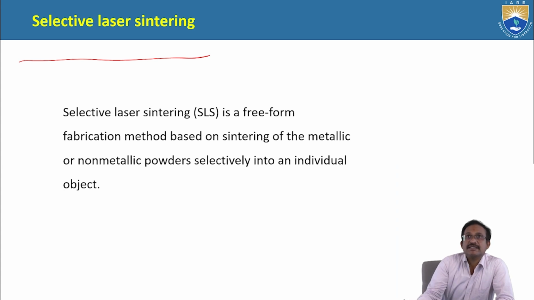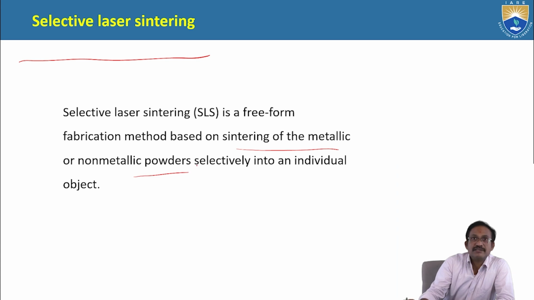Selective laser sintering is a free-form fabrication method based on sintering of metallic or non-metallic powders selectively into an individual object.